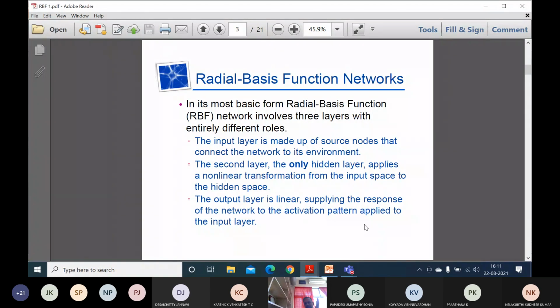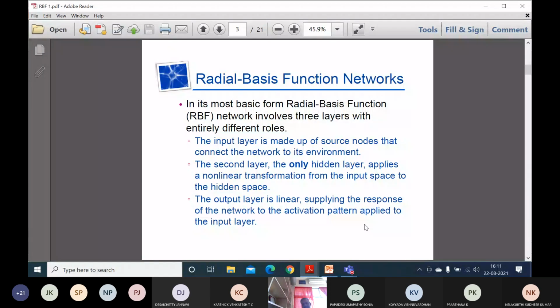Whenever I supply an input to the input layer, the input layer receives the inputs. Here the inputs are mostly patterns. It accepts the input patterns and forwards them from the input space to the hidden space, or from the input layer to the hidden layer.